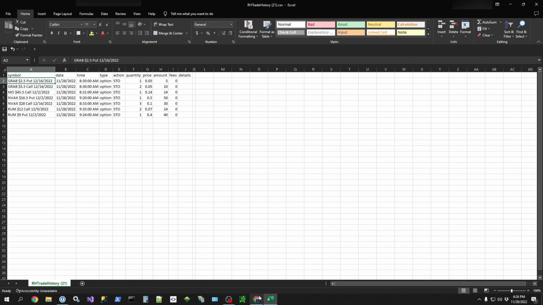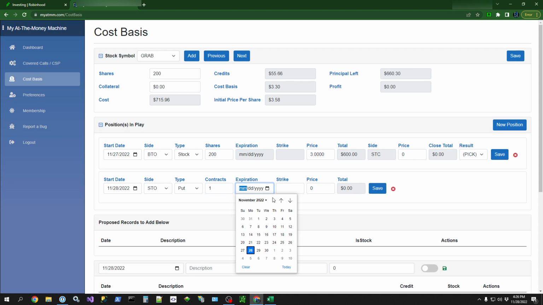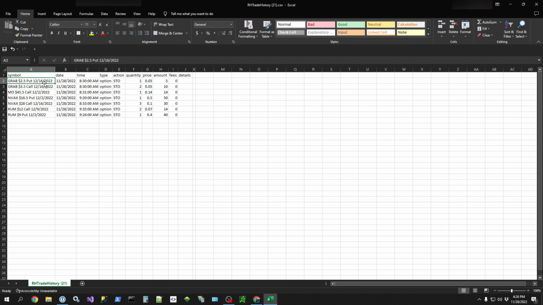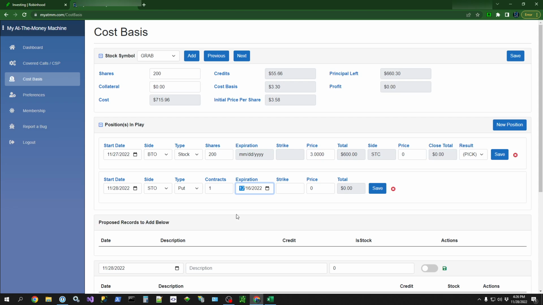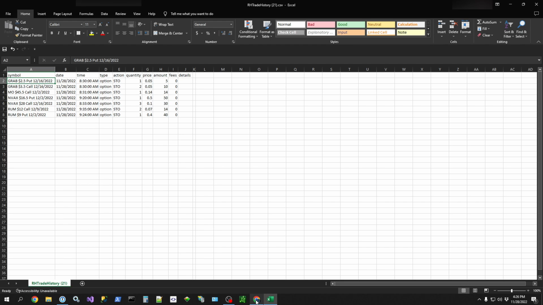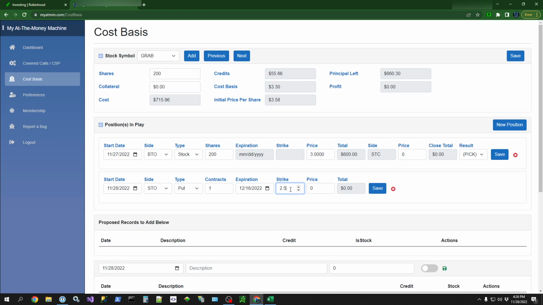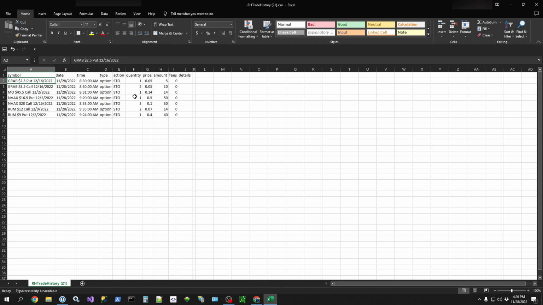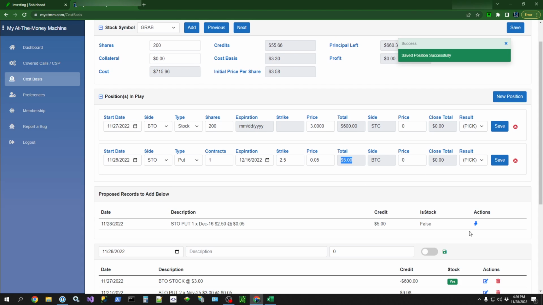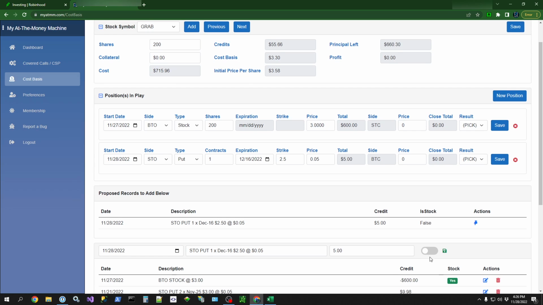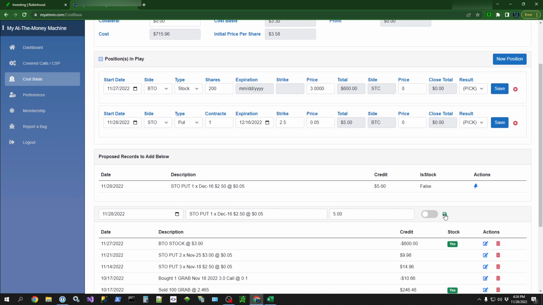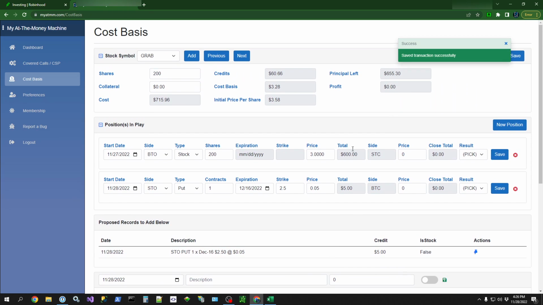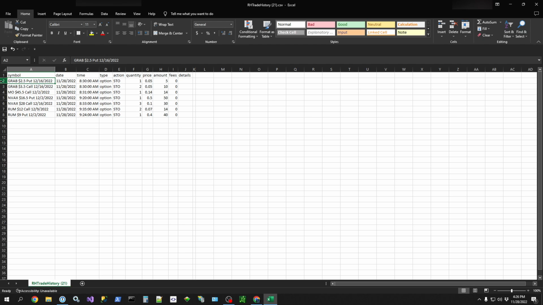I had to take it out 3 weeks to get any money on this one, and it was for a nickel, so we got $5. It's saved, moved down, and we're going to prep that into our transaction saver and retain it. So that position has been recorded.